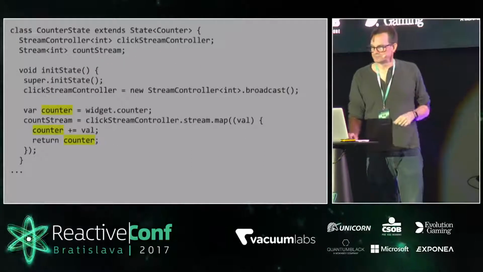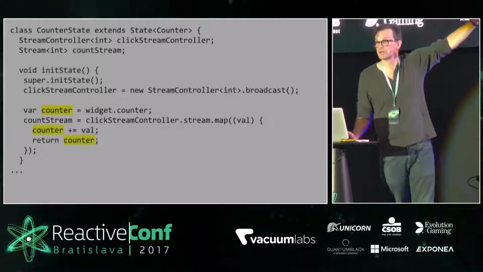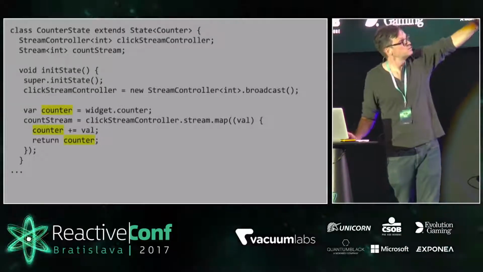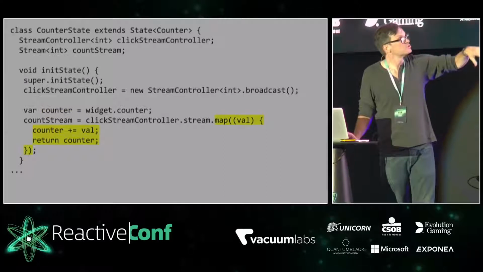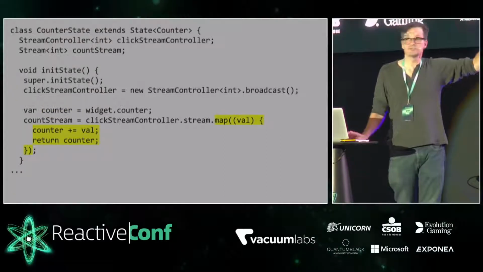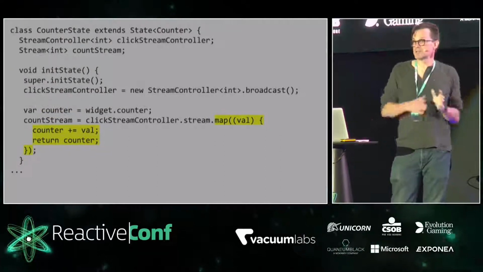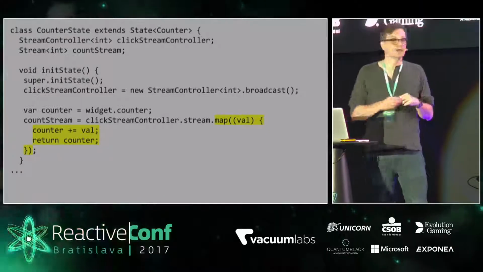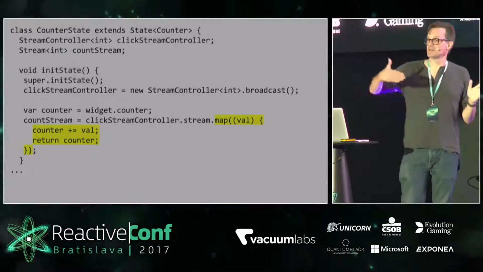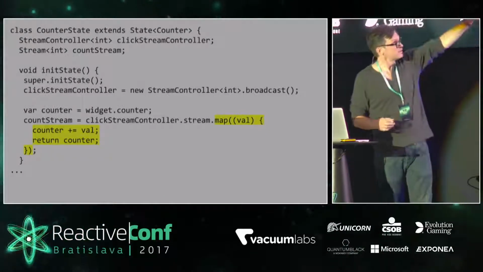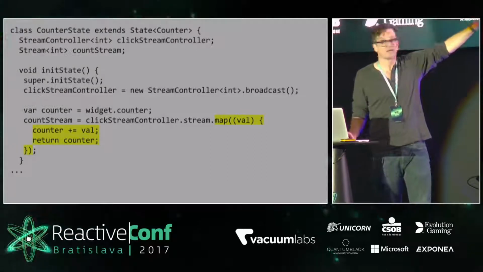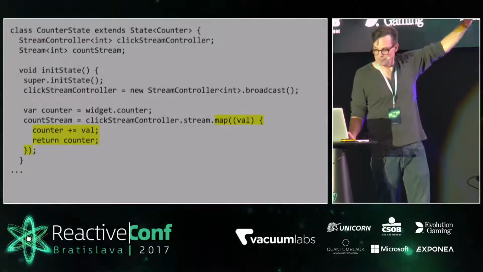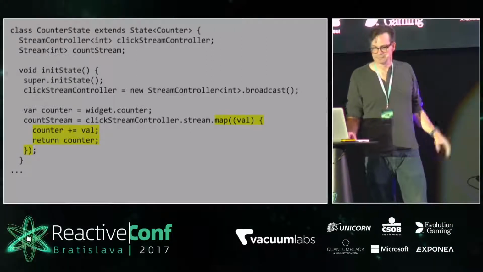So what you can do is move it into a local variable, and then use it inside of the stream map operator. This is just like map on an array, except instead of processing all the values in the array, it's processing them as they arrive. And then I'm just calling this local closure that's incrementing the counter value and returning a stream of that value.